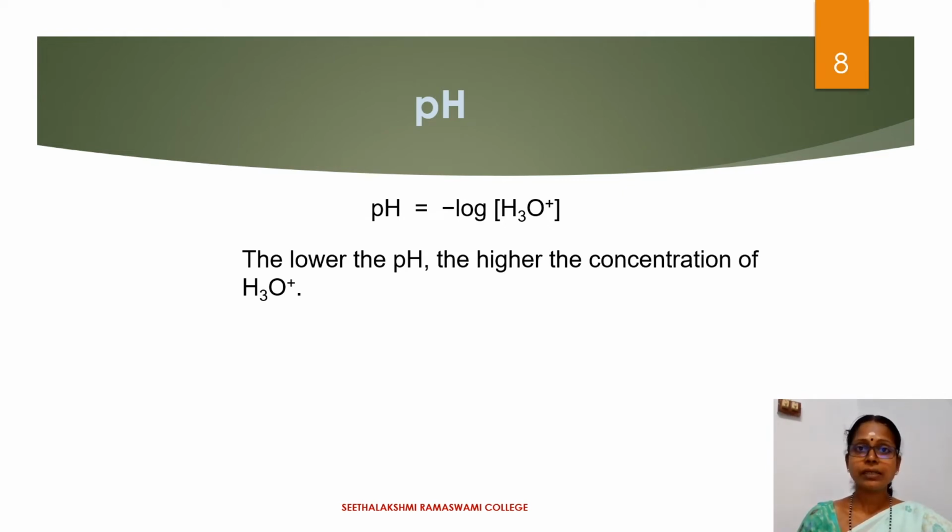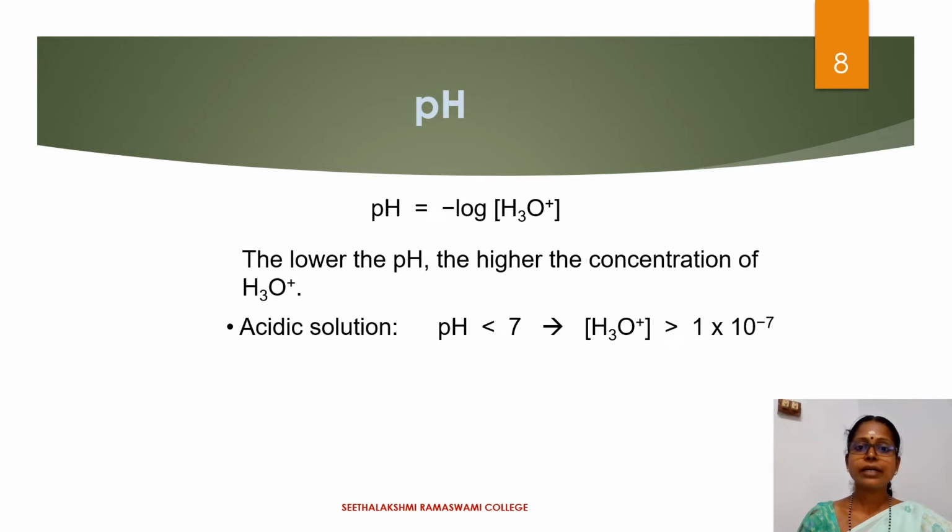As we see here, the mathematical expression is pH equals negative logarithm of hydrogen ion concentration. The lower the pH, the higher is the concentration of the H+ ions. Because of the negative sign in this equation, when the hydrogen ion concentration increases, the pH decreases, and vice versa.